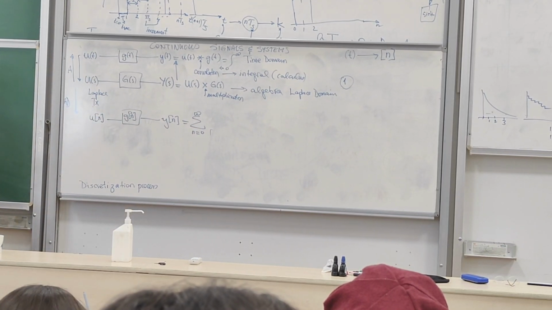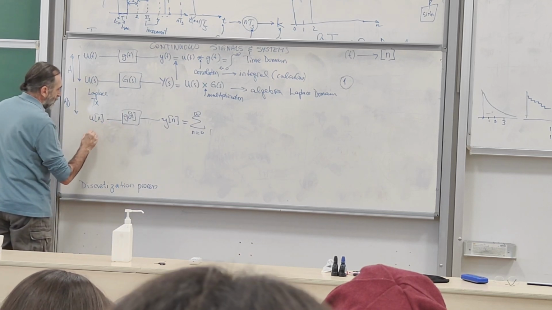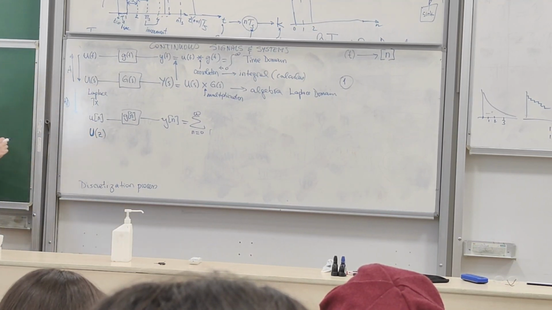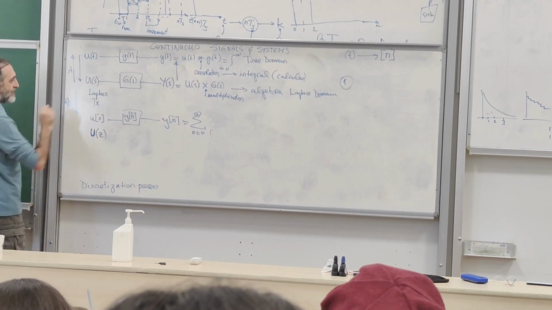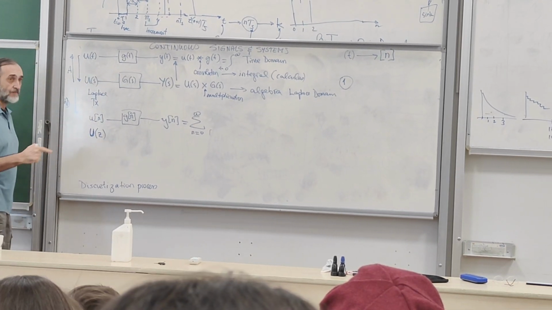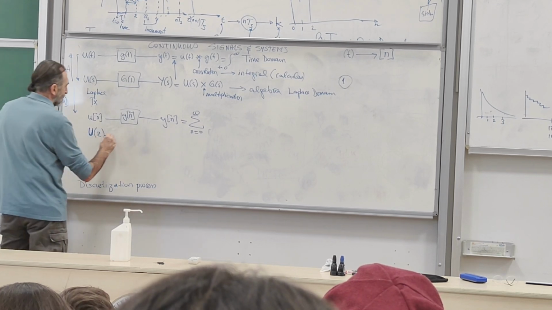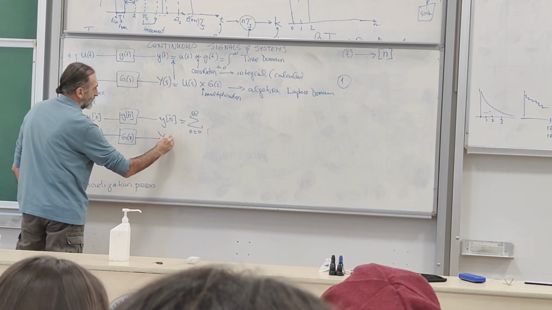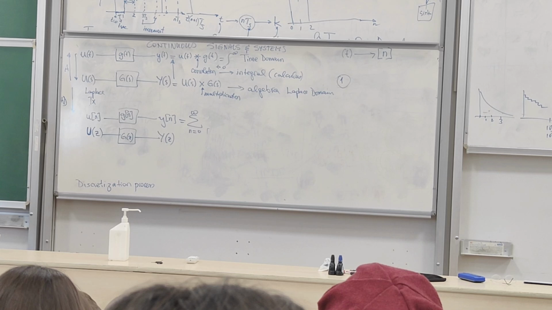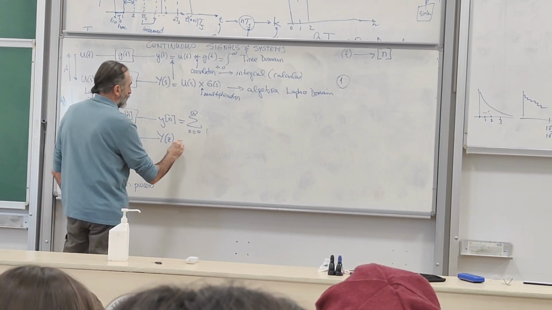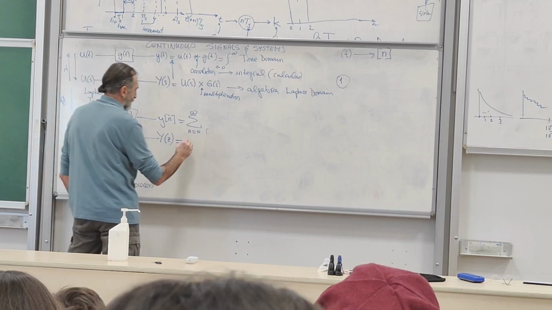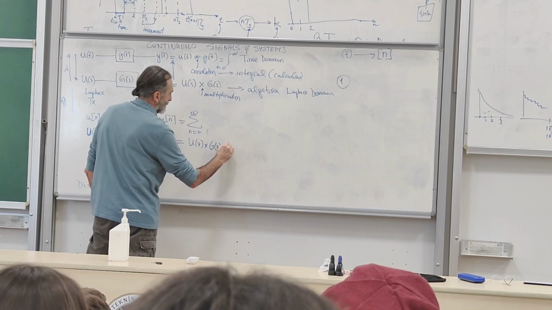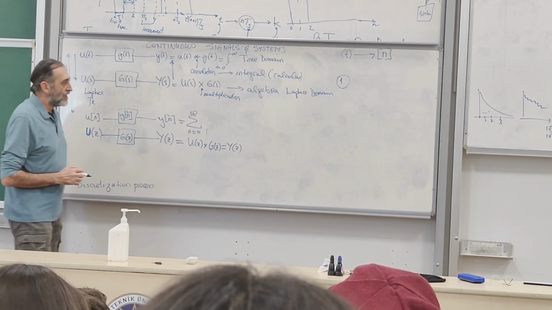And when we do the Laplace transform, we switch from s to the complex variable z. U(z), G(z) and Y(z). That is also going to be a multiplication: U(z) times G(z) gives us Y(z).